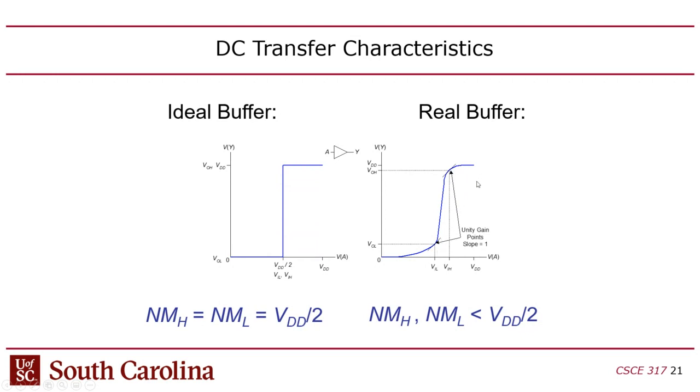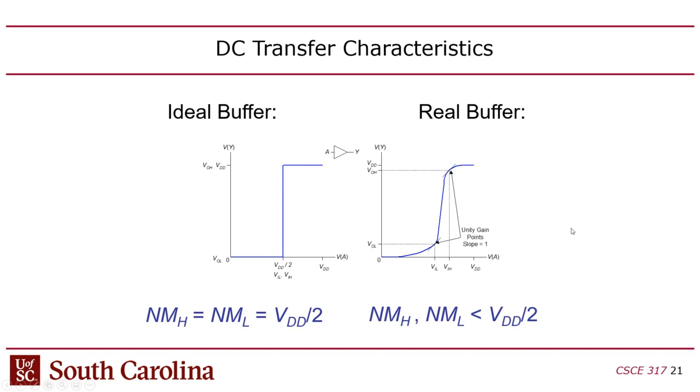Same thing up here. So these unity gain points are simply when the output voltage slope is 1 relative to the input voltage. And that happens at 2 points: once you go into saturation mode and once you exit saturation mode, basically.